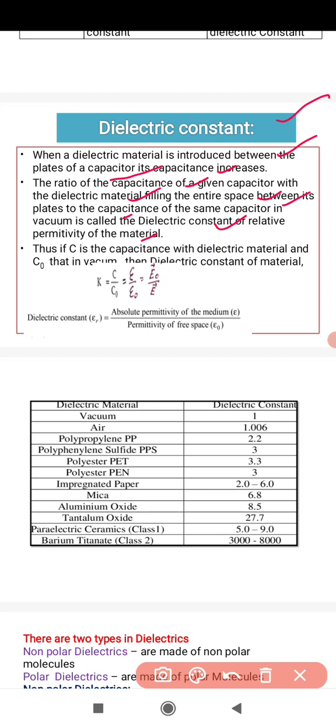Thus, if C is the capacitance with a dielectric material and C naught is the capacitance in a vacuum, then the dielectric constant is defined by K = C/C naught, or epsilon/epsilon naught. The dielectric constant is also represented by epsilon r, which gives the ratio of the absolute permittivity of the medium to the permittivity of free space.